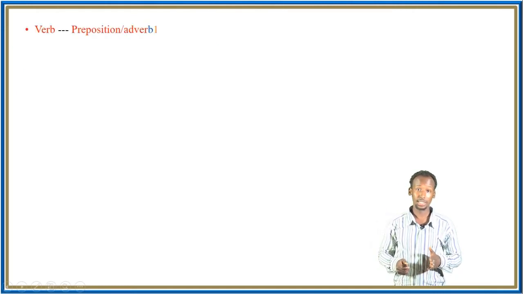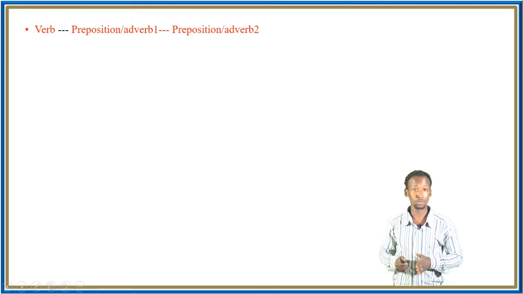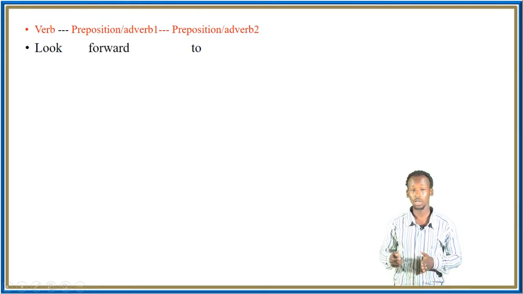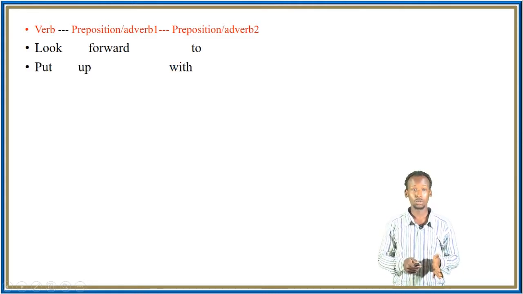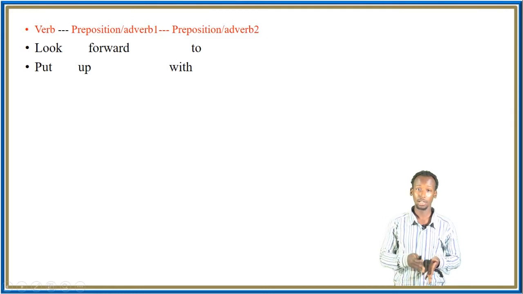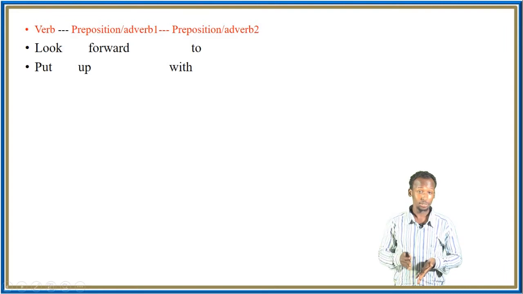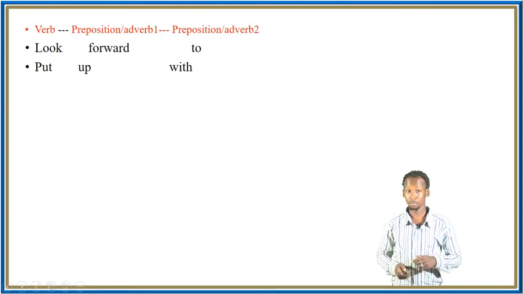Verb, prepositional adverb, also prepositional adverb too. Look forward to. This consists of three parts. Put up with. The first one is a verb, up is prepositional adverb one, with is prepositional adverb two.